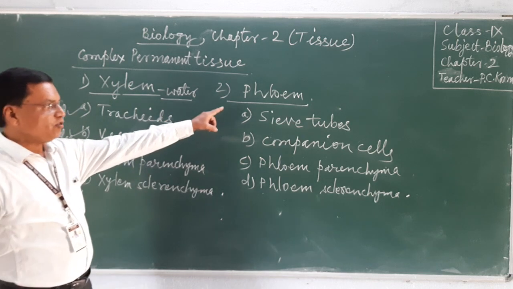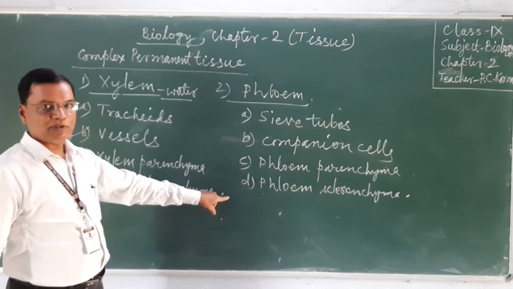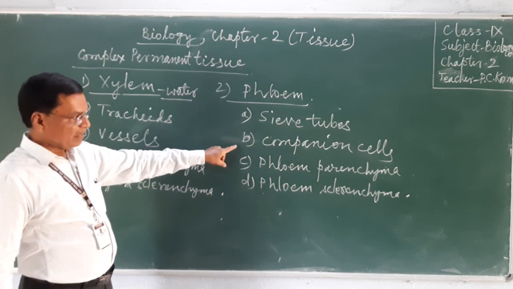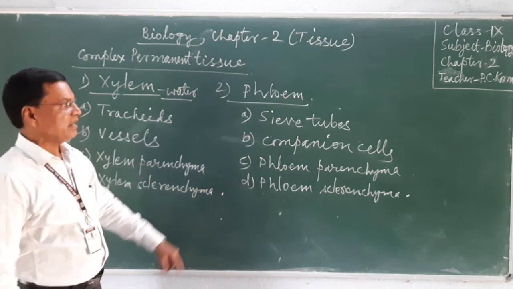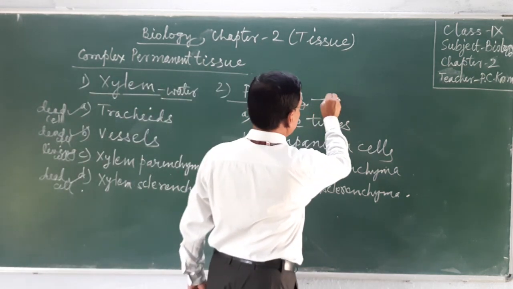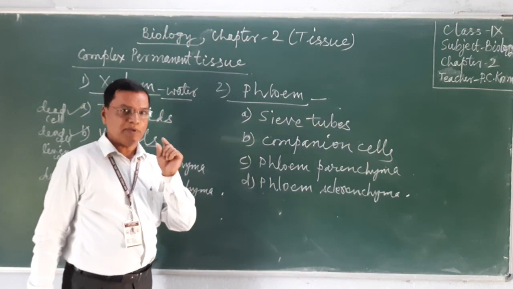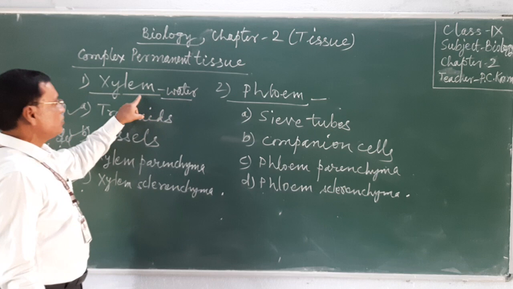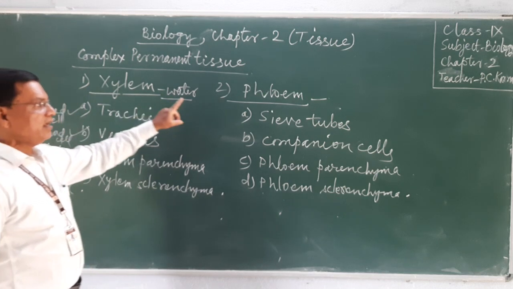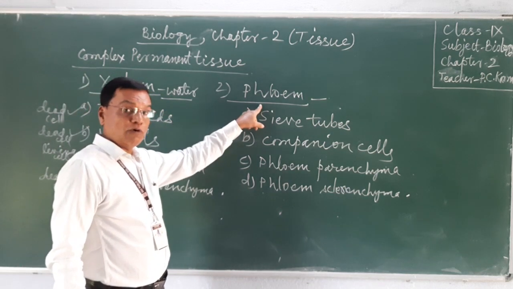Now, this phloem tissue, which contains these 4 different types of cells, sieve tubes, companion cells, phloem parenchyma, phloem sclerenchyma, helps in translocation. You must remember the word. Here we use the word transport. Here we use the word translocation.